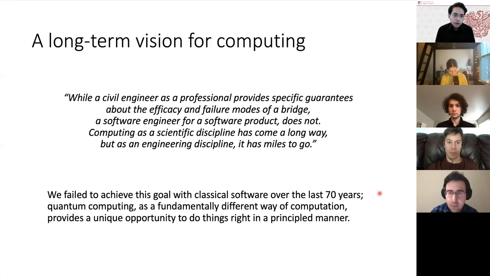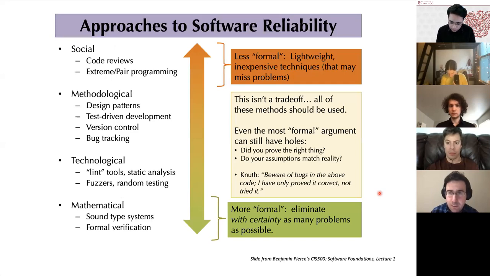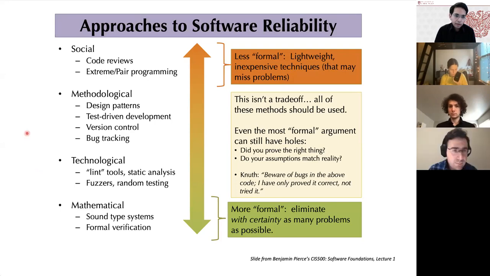So let me motivate a little more by describing what approaches people generally take in classical computing for writing reliable software. I really like this slide from Professor Benjamin Pierce of UPenn, who has also written a series of textbooks on the subject. There's a whole spectrum of approaches people take while writing correct software.